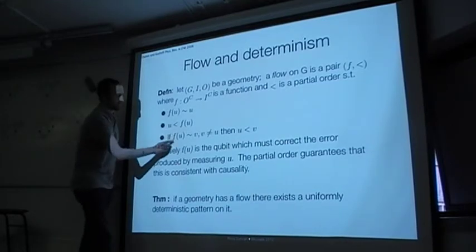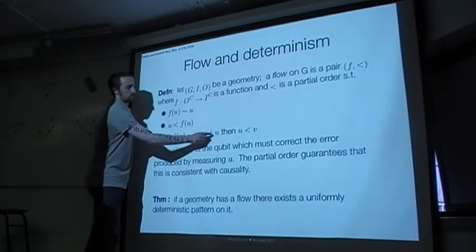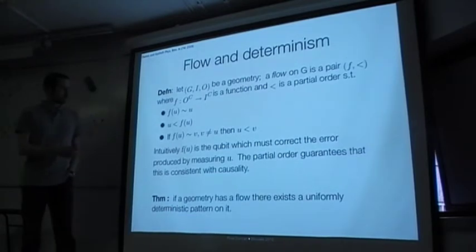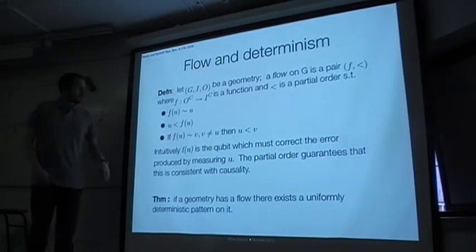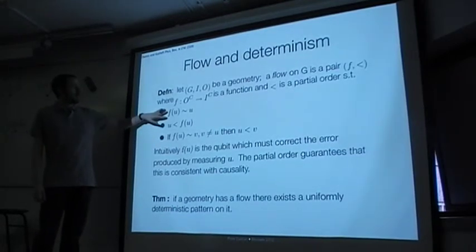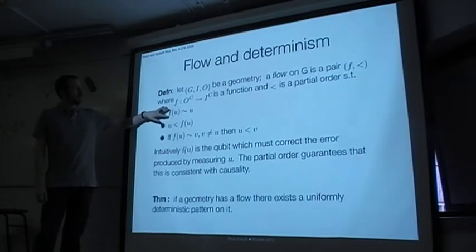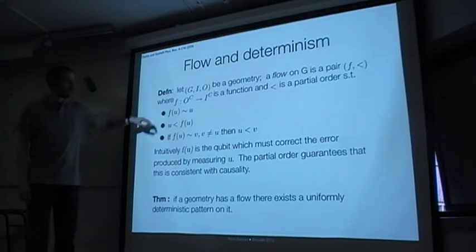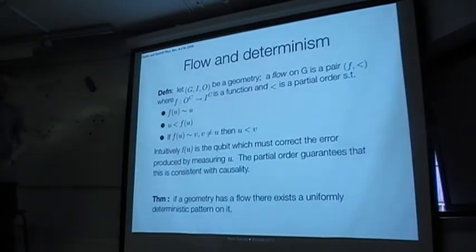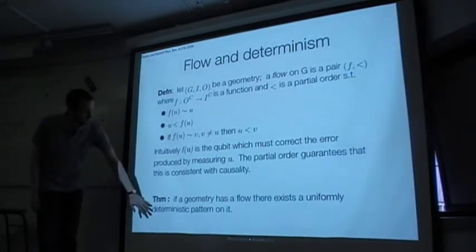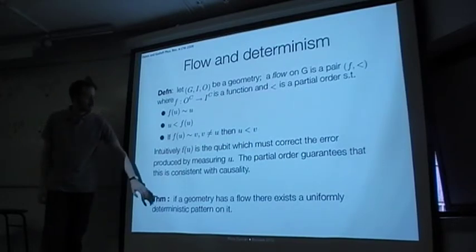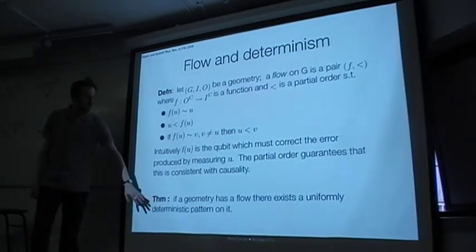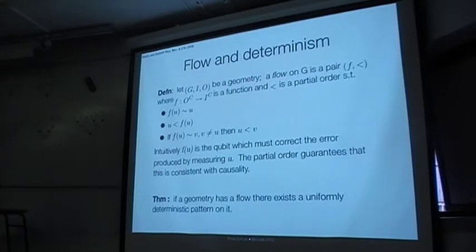And we say that all the neighbors of the successor must also be after u. Right? So what you learn here is f of u is the qubit where you must correct the error that you saw when you measured u. Okay, and the theorem is that if your geometry has flow, then there exists a uniformly deterministic pattern.